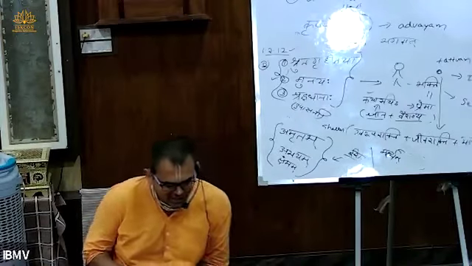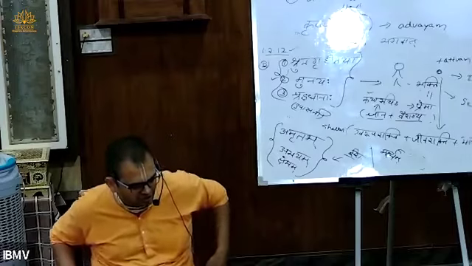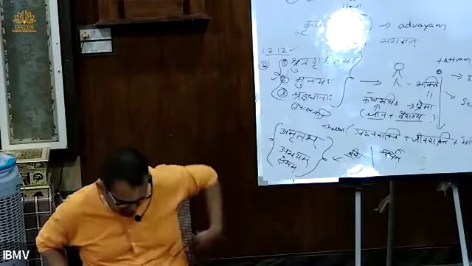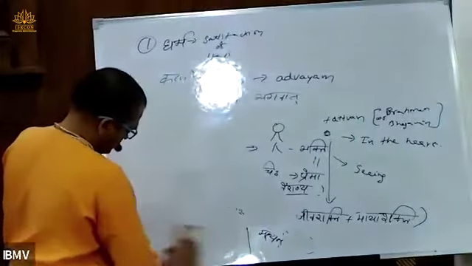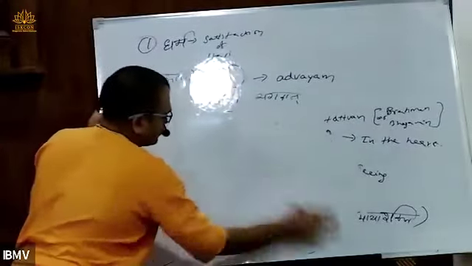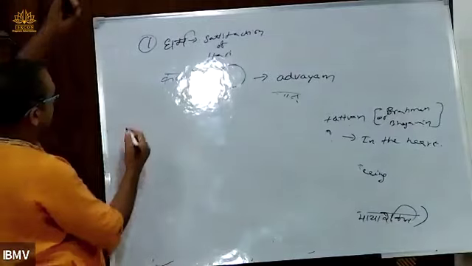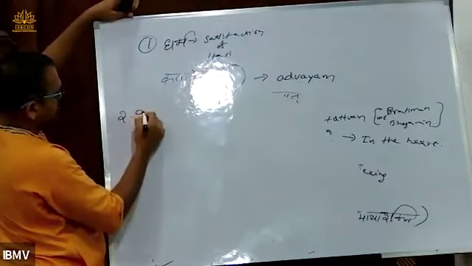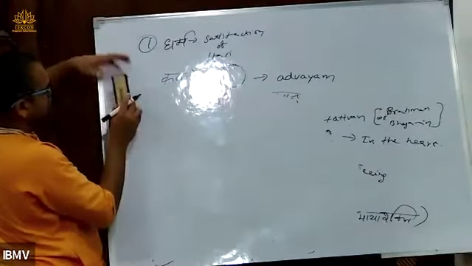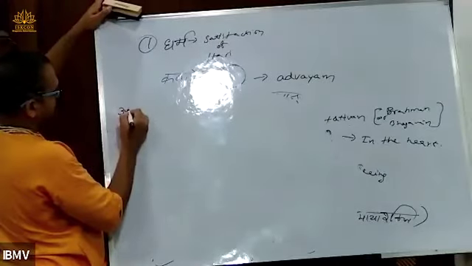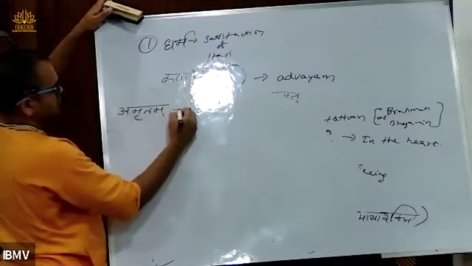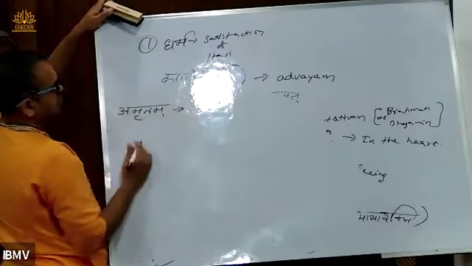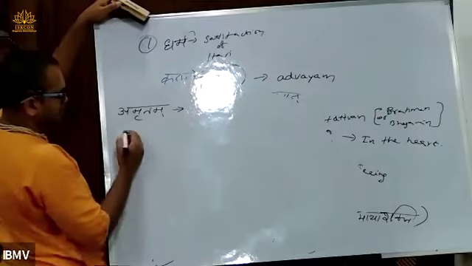In the second canto, 9th chapter, 9th sloka. First we are discussing in this sloka Amrutam. The spiritual world is Amrutam. What is the proof?